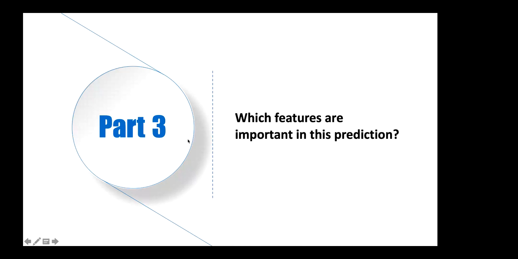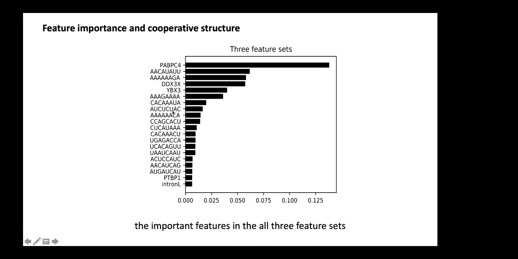Next, we ask which features are important in this prediction. We rank these features according to their importance in the prediction and found that PABPC4 plays the most important role. The PABPC4 has been reported to be associated with increased splicing efficiency.